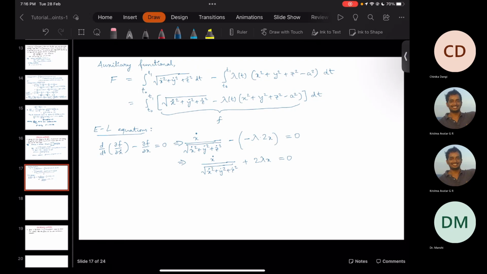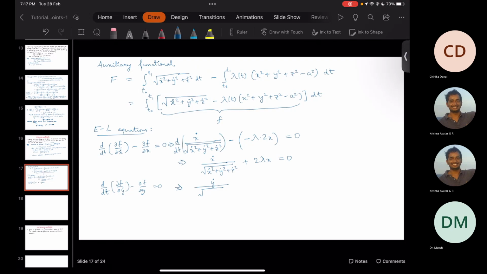And likewise, repeating this process for d by dt of dou f by dou y dot minus dou f by dou y, this gives us a similar expression, which is y dot. This should be, I think I had made some mistake here, this should be d by dt.